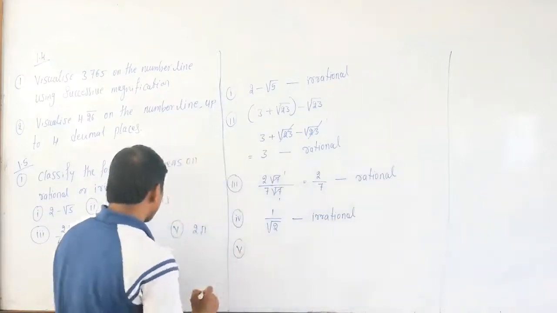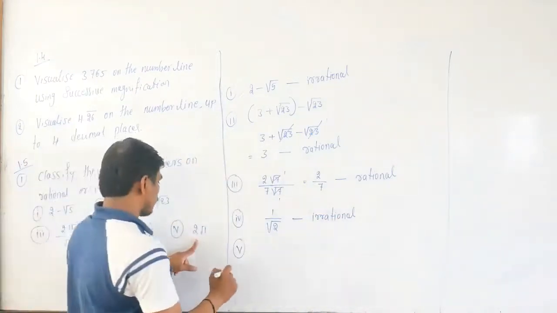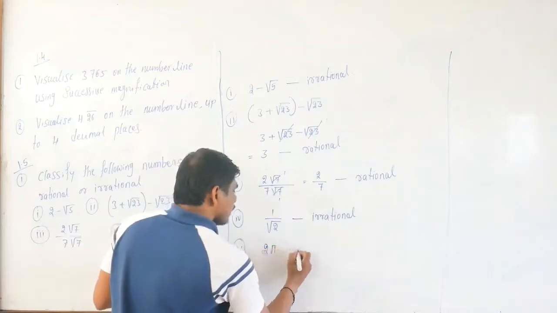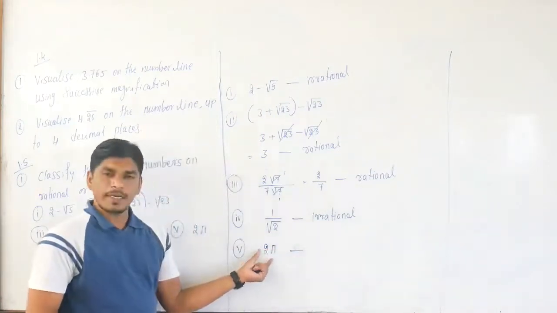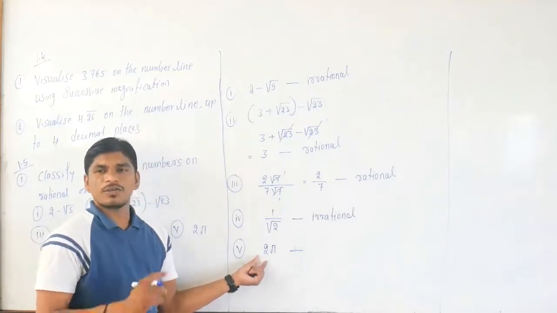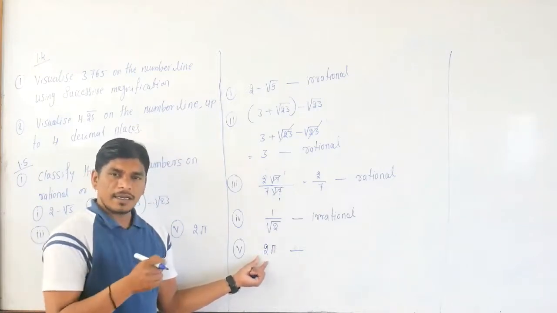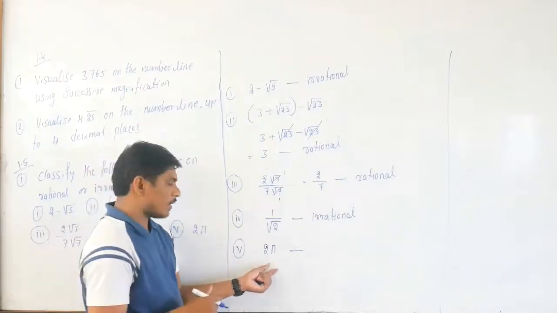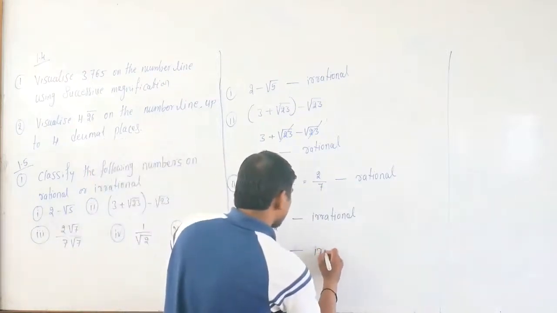And the fifth one is 2 pi. Pi is irrational and 2 is a rational number. Multiplication of a rational and an irrational gives an irrational only. That's why this result is also irrational.